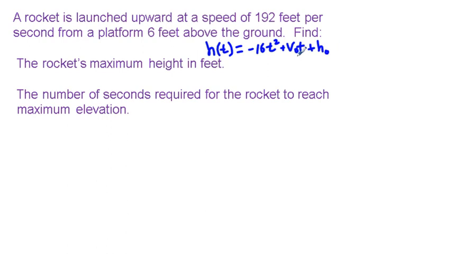So initial velocity, initial height. So your equation is going to be h of t equals negative 16 t squared, and we have 192 feet per second, so plus 192 t plus 6.